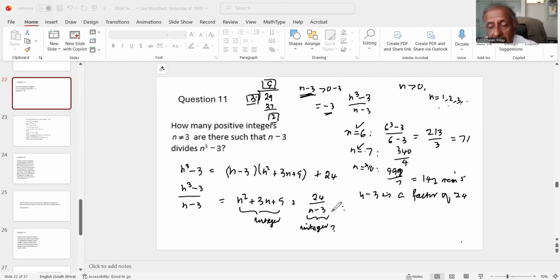So you're looking at the factors of 24 which are greater than negative 3, or larger.